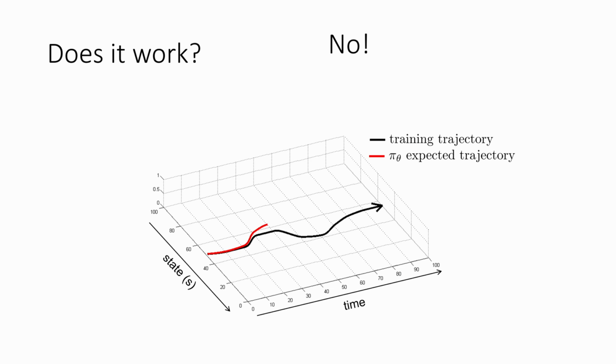But if it made a tiny mistake before when it was seeing something very similar to its training data, and now it sees something a little bit less similar to its training data, it'll probably make a slightly bigger mistake. Now it's seeing something a little bit newer, so it'll make a slightly bigger mistake. And when it does, it'll find itself in a situation that's even more different from any situation it's seen before.